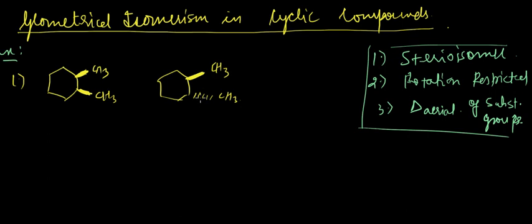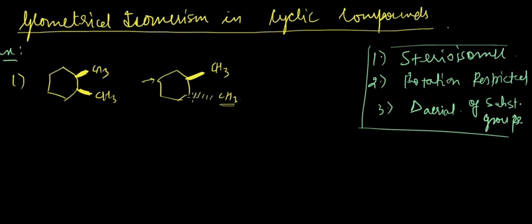And when I draw a dash across the CH3, this means it is going away from your face, going into the computer screen. The computer screen is in the same plane as your cyclopropane ring.